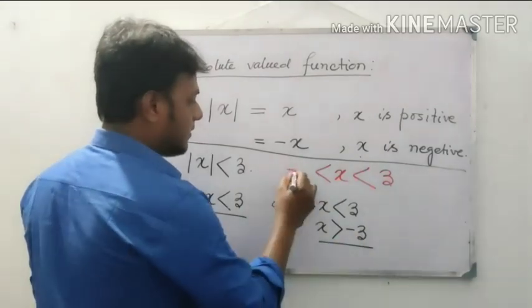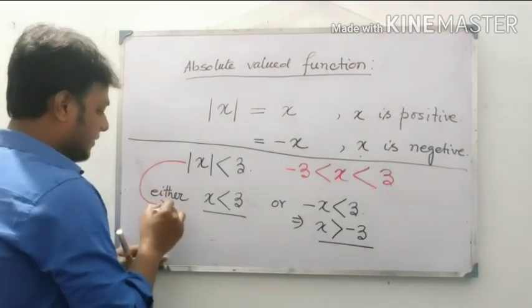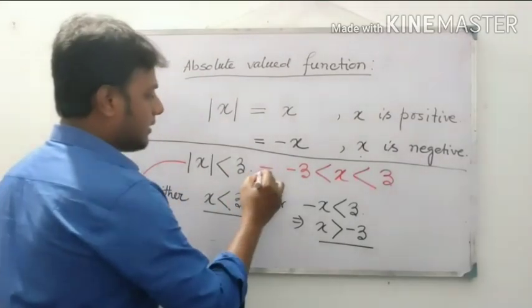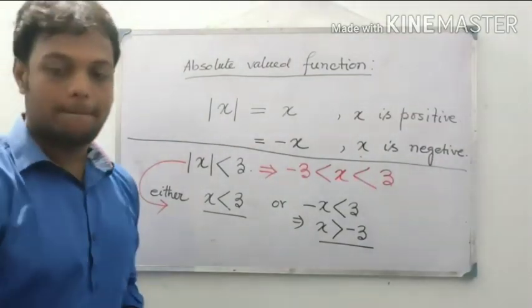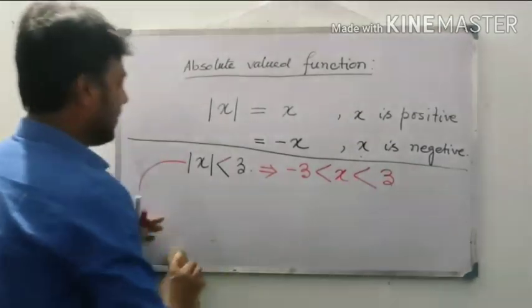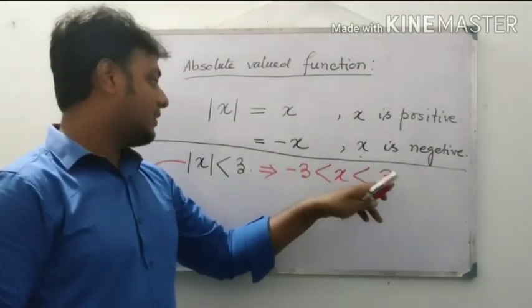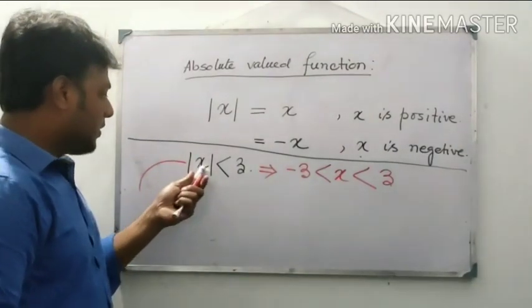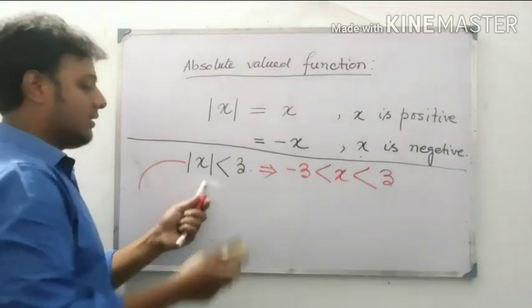So after analyzing mod x less than 3, we get the result that minus 3 less than x less than 3. So directly we can use this: mod x less than 3 implies minus 3 less than x less than 3. That means to remove the mod, we just use the terms minus 3 and 3.